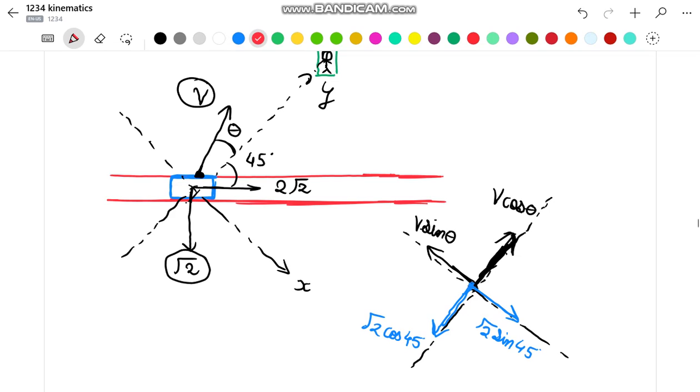Again, this third velocity vector 2 can now be resolved along these two axes, which will give us the value of 2 sin 45 degree, and the second component will be 2 cos 45 degree.